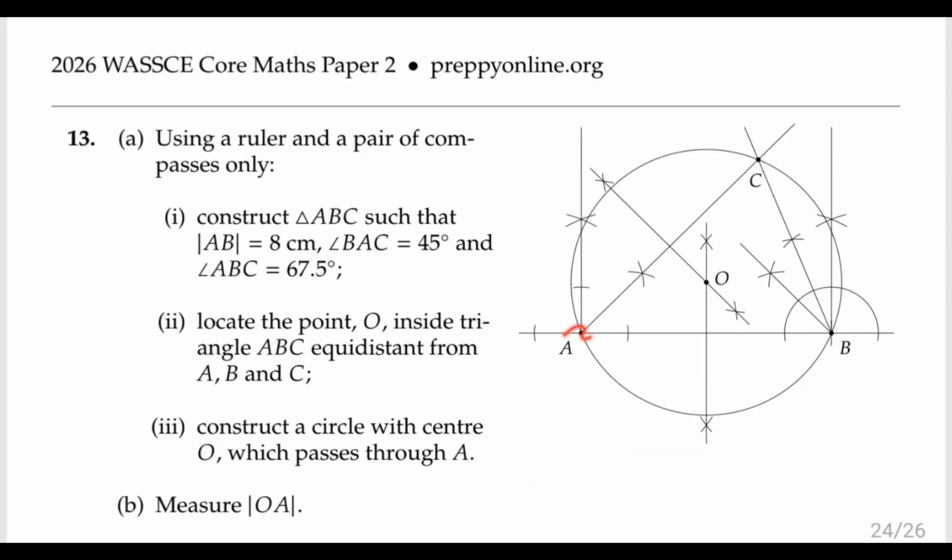So we first mark our A, and then we stand at A, open the compass on the ruler, measure 8 centimeters, and draw an arc, and that is where B is going to be.